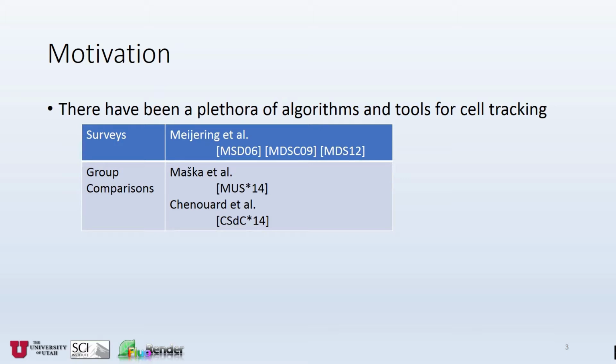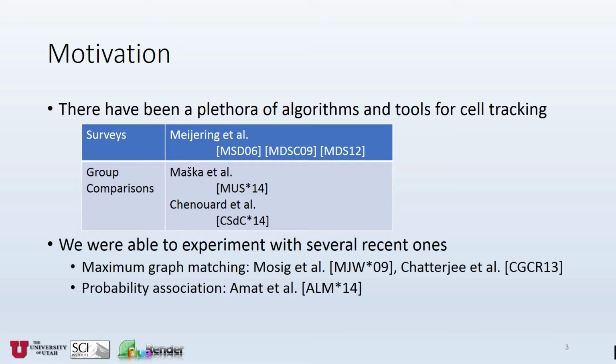The comparisons of the cell tracking results using standard benchmark data were discussed in the work of Maska et al. and Chanuard et al. Although a thorough comparison of these methods is not our research goal, we were able to experiment with several recent cell tracking tools and algorithms. For example, Mosig et al. and Chatterjee et al. used the maximum graph matching for cell tracking, and Amat et al. used the probability association methods in their cell tracking tools.